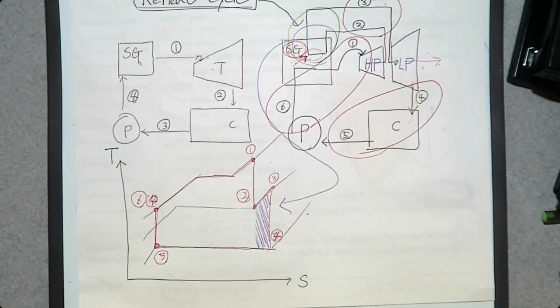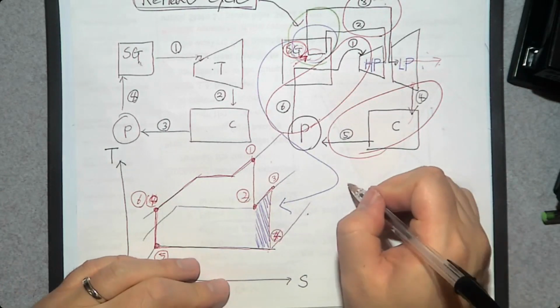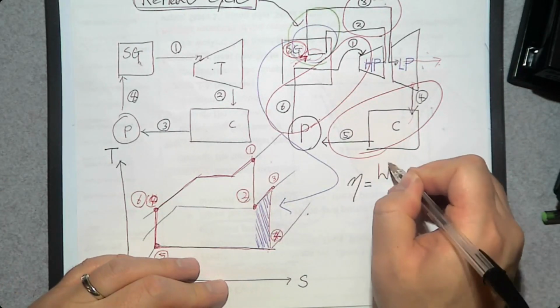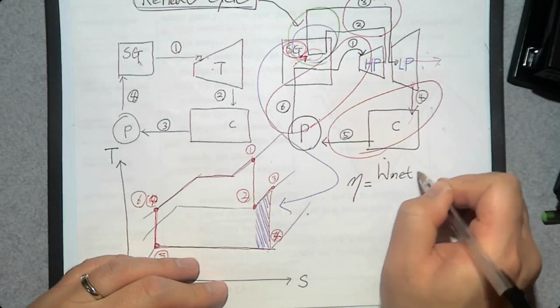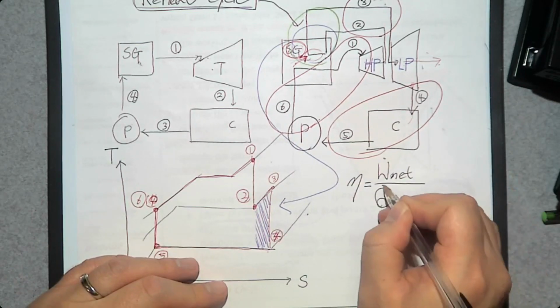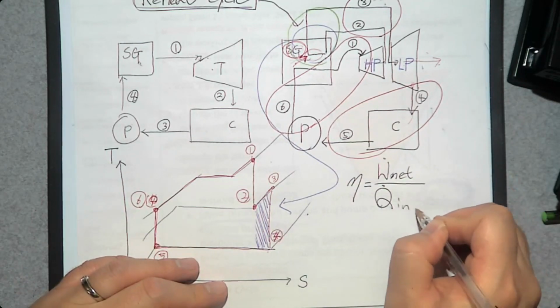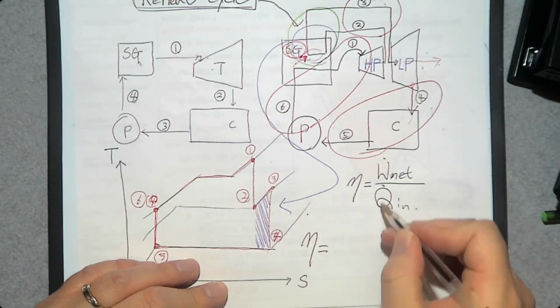Then how can we analyze, how can we determine the performance of this Rankine reheat cycle? We can use thermal efficiency, which is desired output over required input, Q dot in. Then how much desired output do we have?